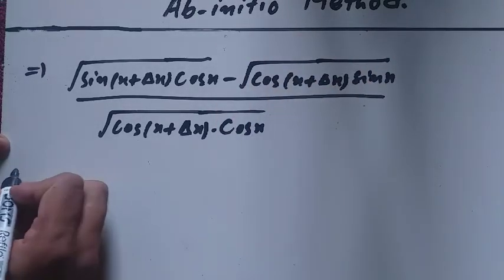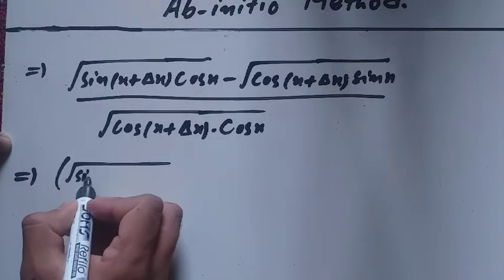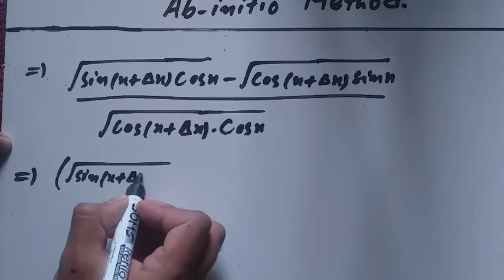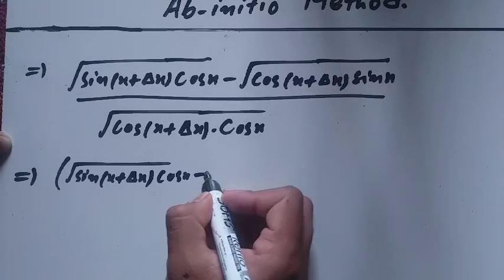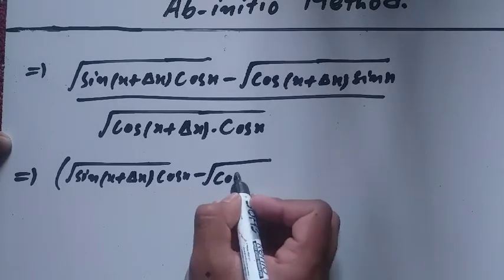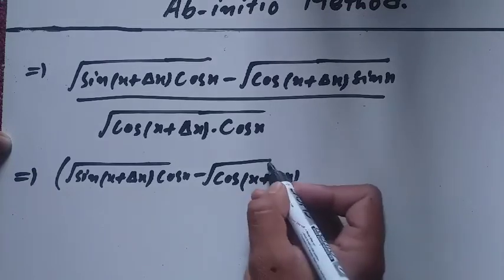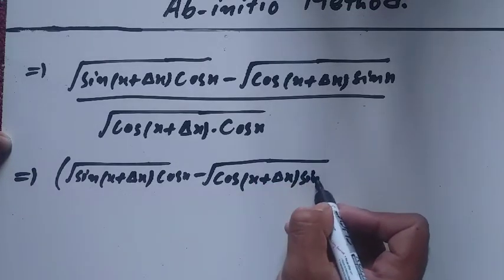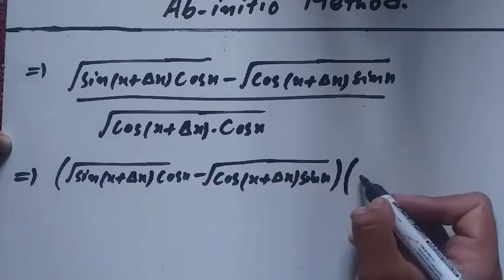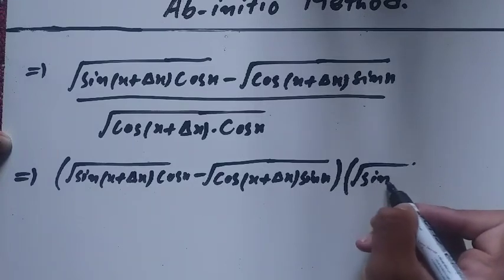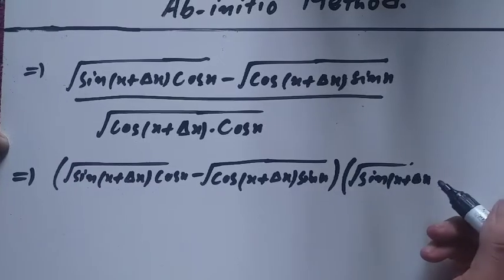Now for that, this becomes sine of x plus delta x and cos x, minus under root of cos of x plus delta x sin x, and multiply this by under root of sine of x plus delta x cos x plus under root of cos of x plus delta x sin x.